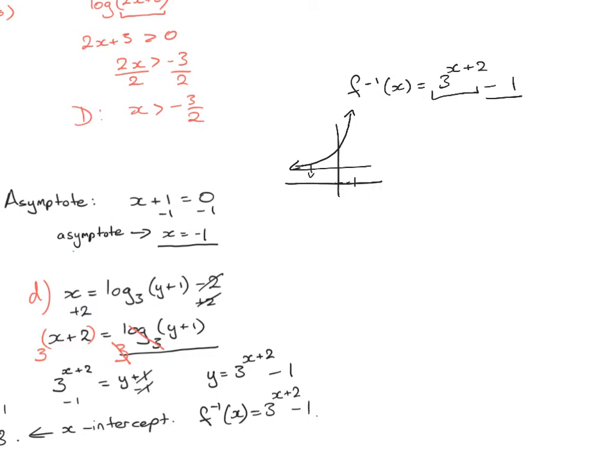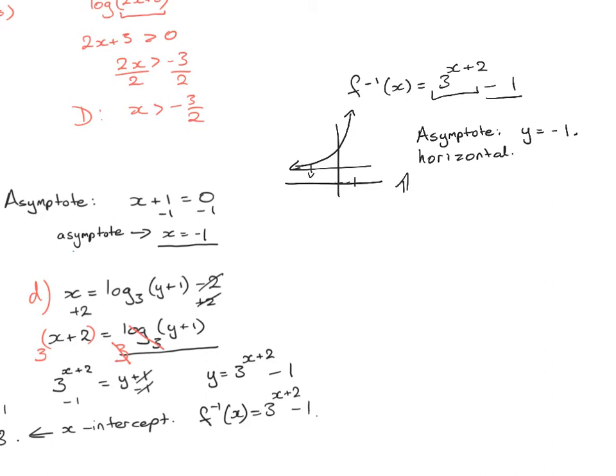So the asymptote for the inverse function is y equals -1, which is horizontal, and it is the flip of the line x equals -1.